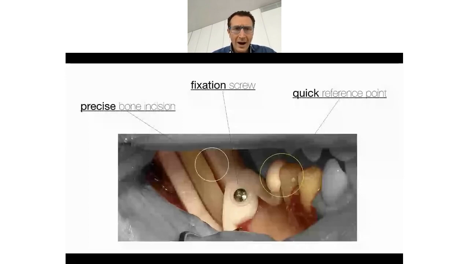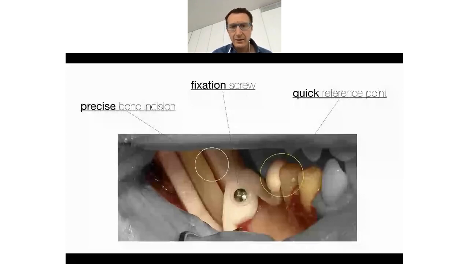So why is user-friendly? User-friendly because, once again, we can have precise osteotomy incision thanks to a very easy position to be found in the surgical field, thanks also to a quick reference point that can be added anytime we have a tooth, thanks to matching the STL file of intraoral scanning with the DICOM data.